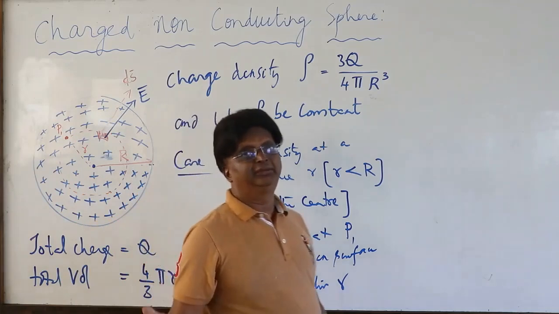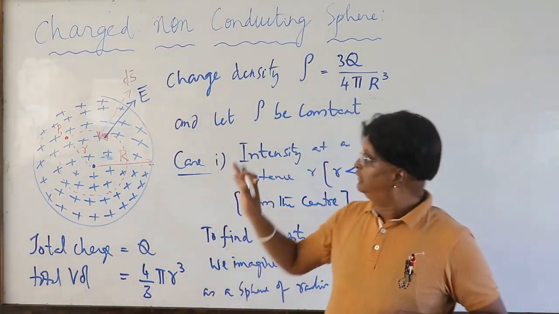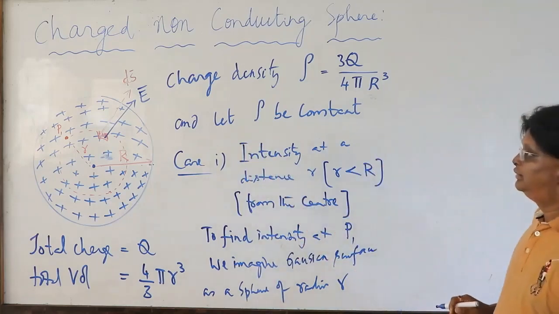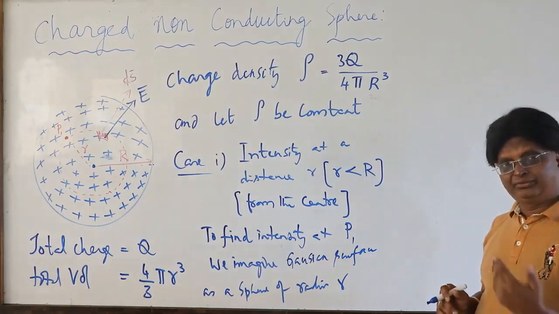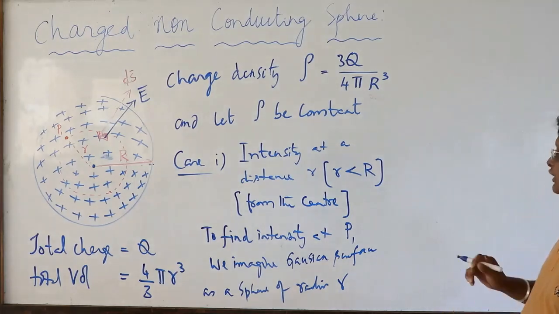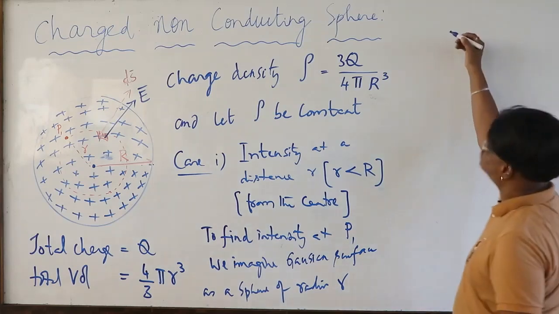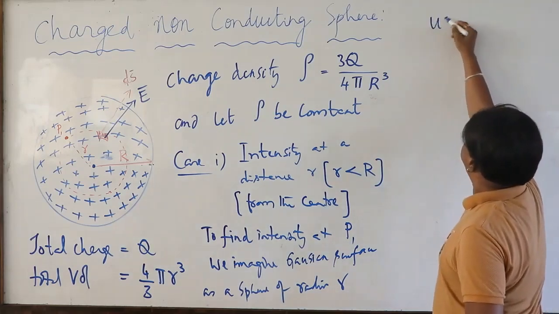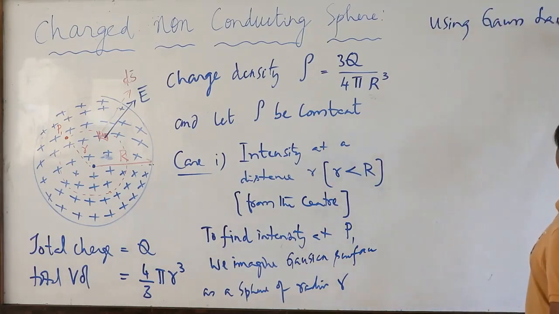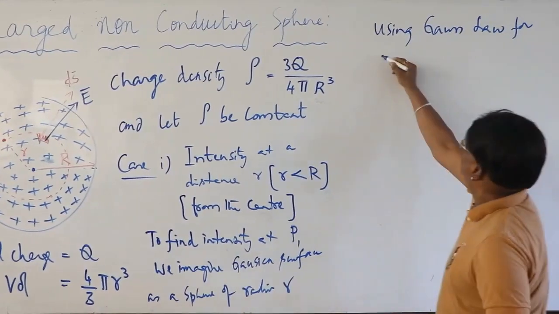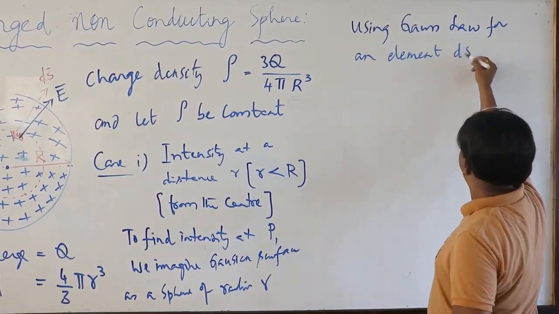Because flux leaving or entering the surface is always normal to the surface, right? Now here this E bar and ds bar, you can see that they are parallel. Once again, theta is equal to 0 degrees. Therefore now I am applying Gauss law for an element ds.